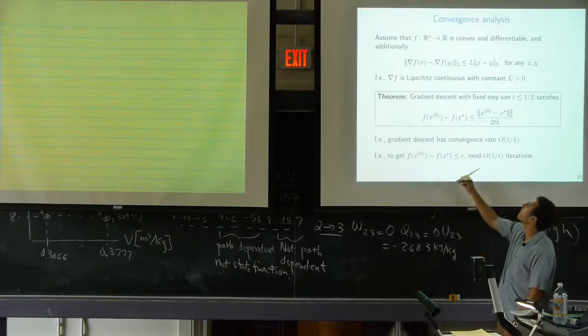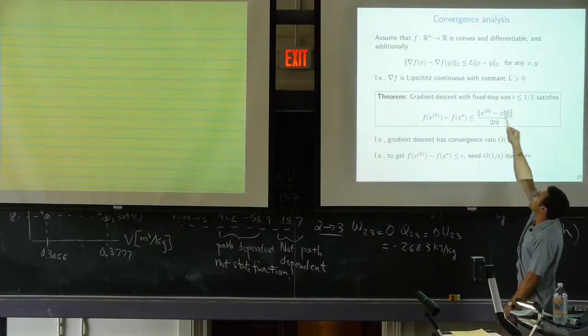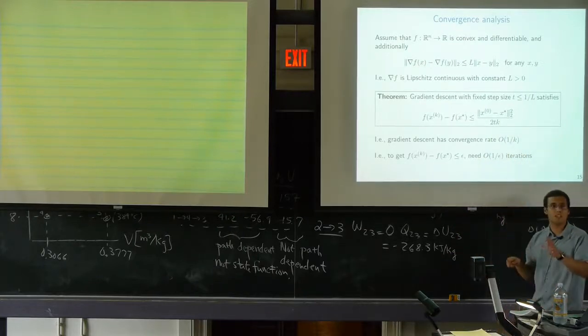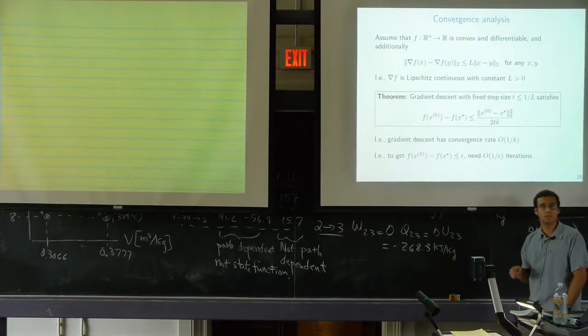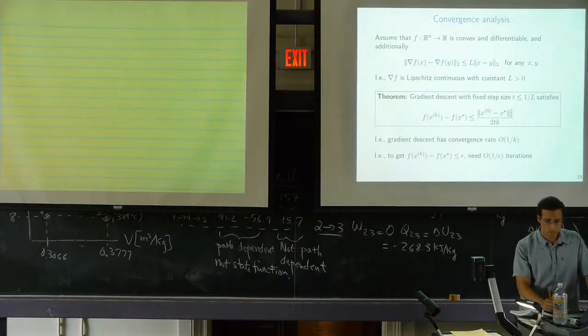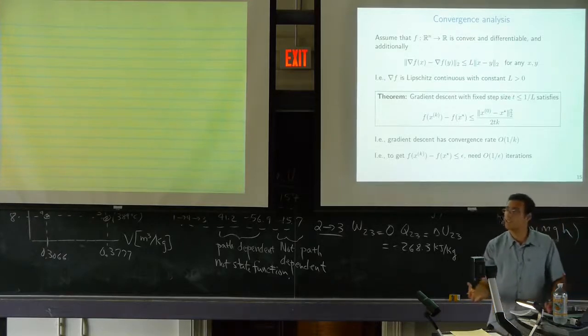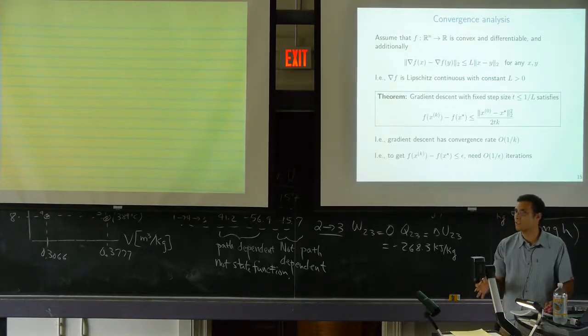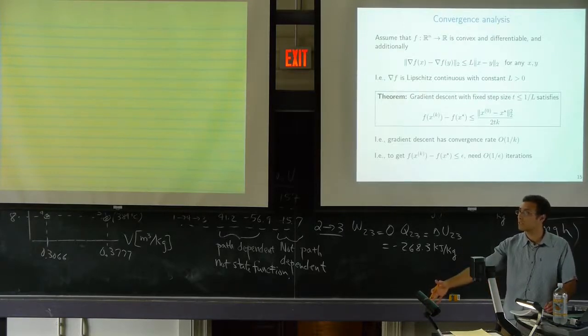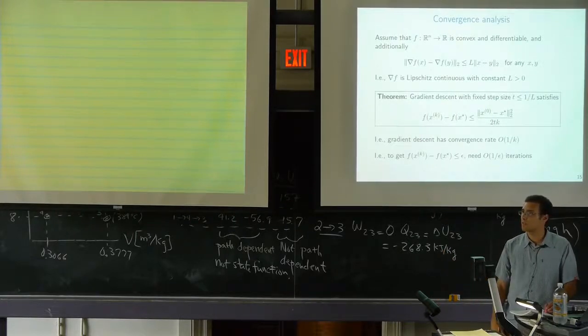It's just basically saying that if I want to make this smaller than epsilon, that means that k has to be like 1 over epsilon. So if you ask for epsilon to be 10 to the minus 3, I need on the order of 1,000 iterations. If you ask me for another digit of accuracy, 10 to the minus 4, I need 10,000 iterations. So every additional digit of accuracy is another order of magnitude of iterations we need.